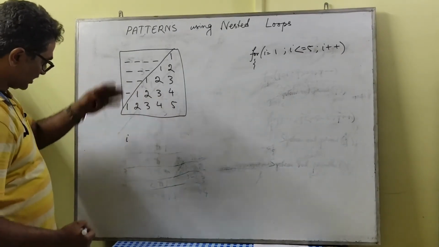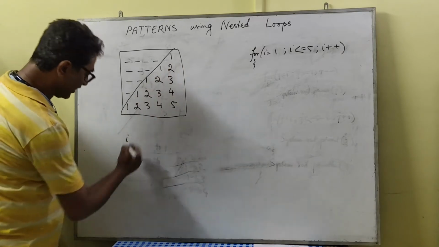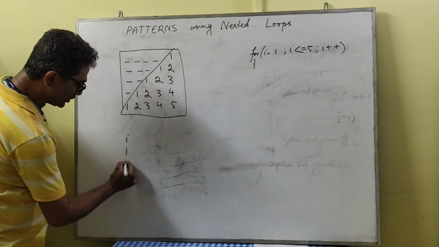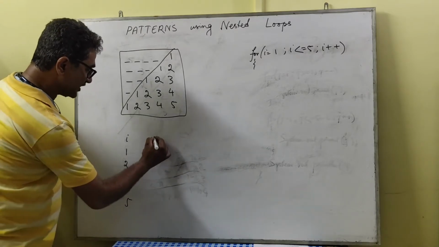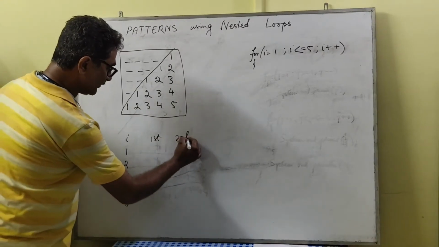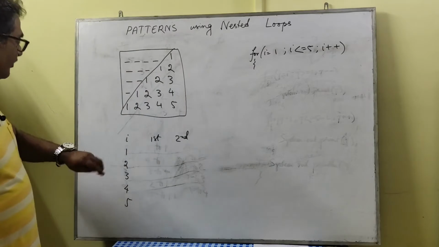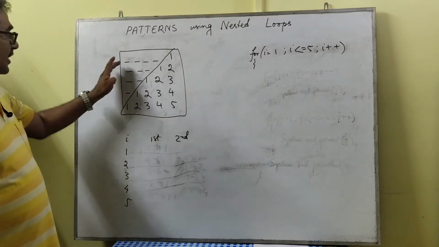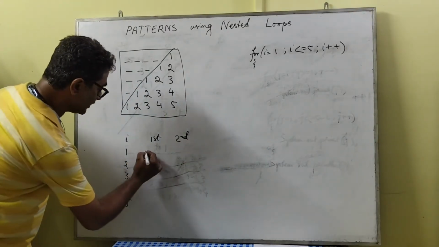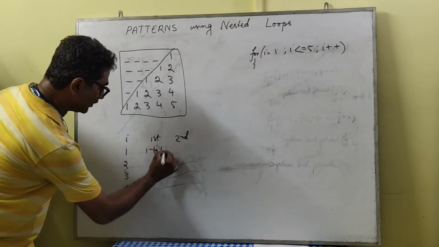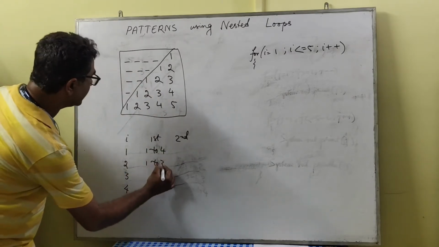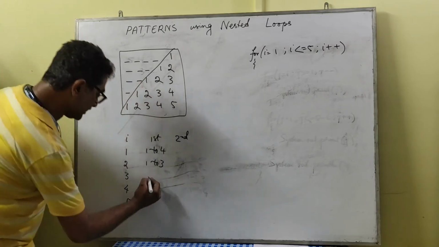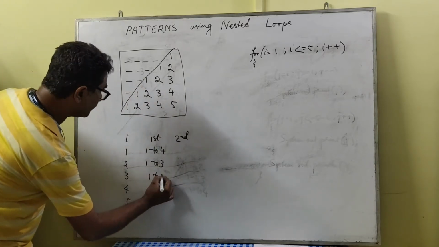Now thinking about each one of these halves, the value of i has been taken from 1 to 5. So 1, 2, 3, 4 and 5. Now the first half and the second half. When the value of i is 1, you can see I am printing 4 spaces. So 1 to 4. When i is 2, 3 spaces. So 1 to 3. When i is 3, 2 spaces. So 1 to 2.